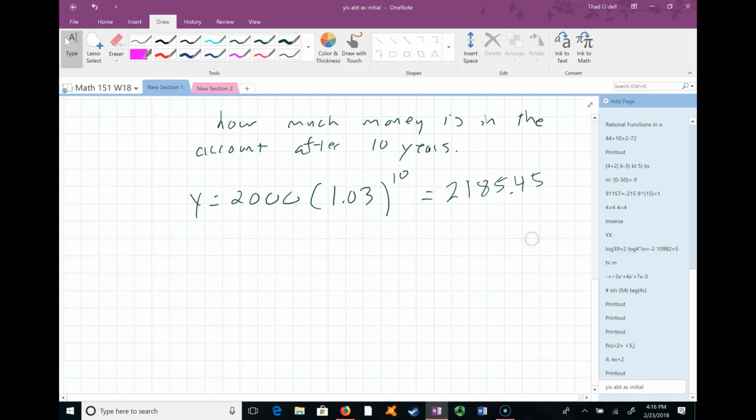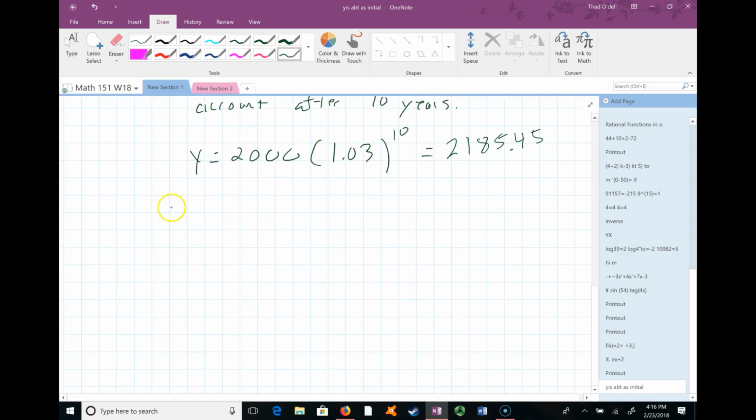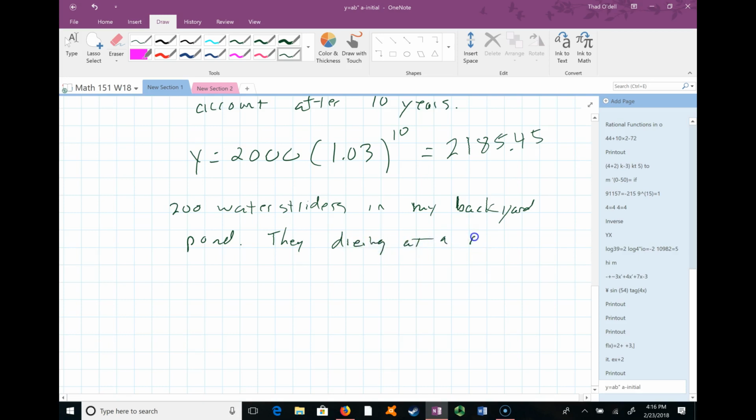Okay. Or let's say that we have 200 water striders in my backyard pond. And with the cold, they are dying at a rate of 5% a week.